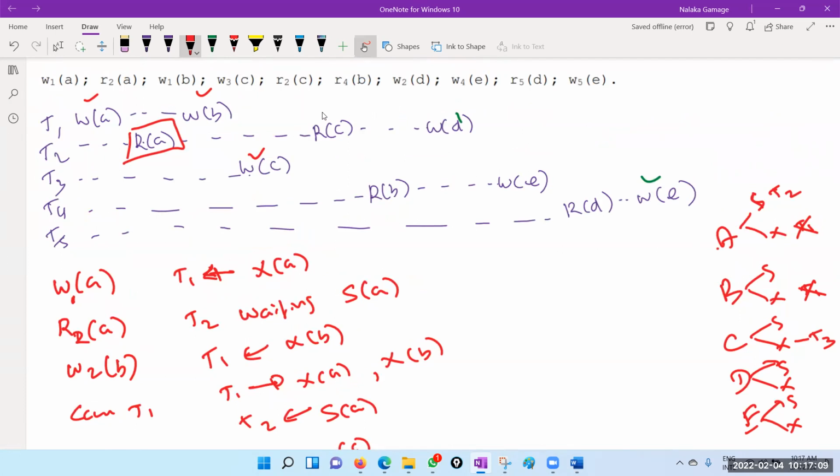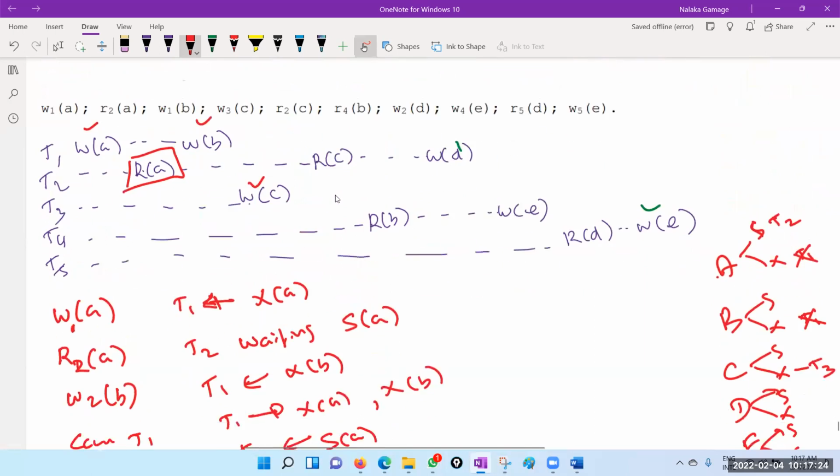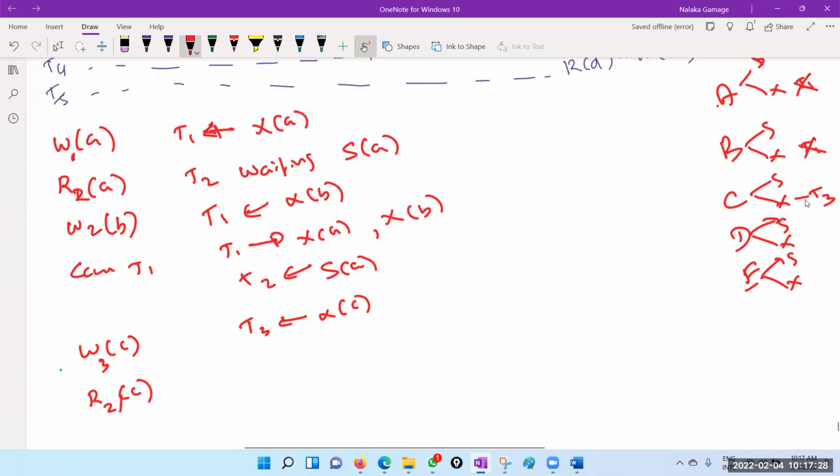Now transaction 2 needs to do read C. But now exclusive C is taken by transaction 3. Therefore, transaction 2 has to wait.